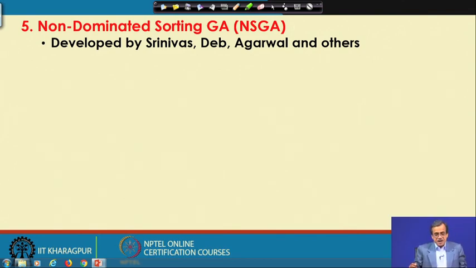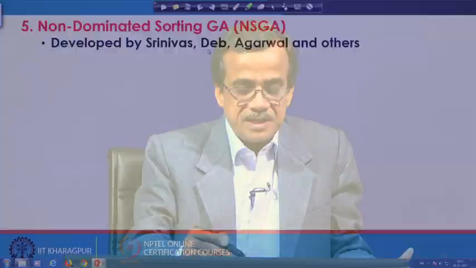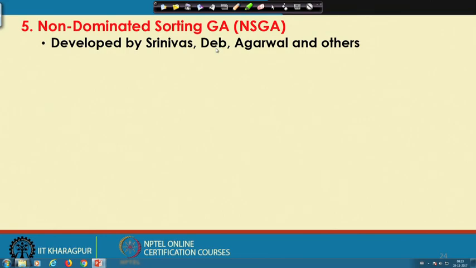Now, the initial idea of this NSGA came from Professor David Goldberg, and the first version was developed by Srinivas and Deb, and later on it was further modified by Agarwal, Deb and others. Now, let us try to see the working principle of this particular non-dominated sorting genetic algorithm.